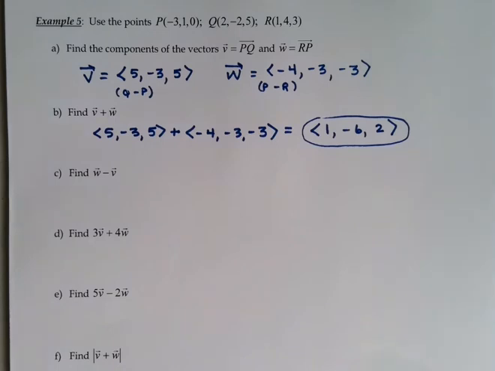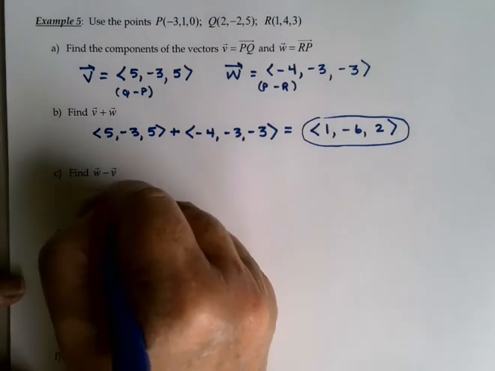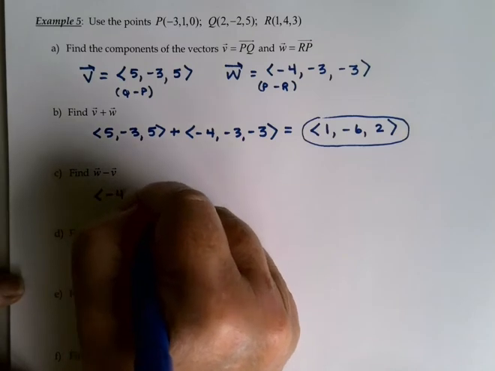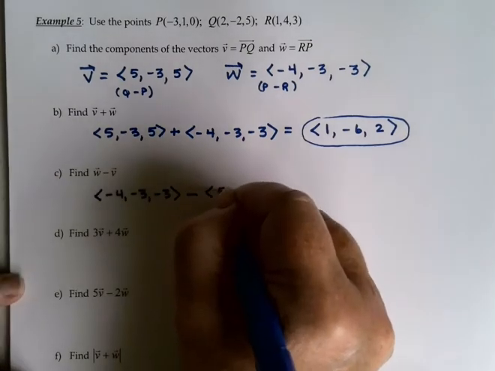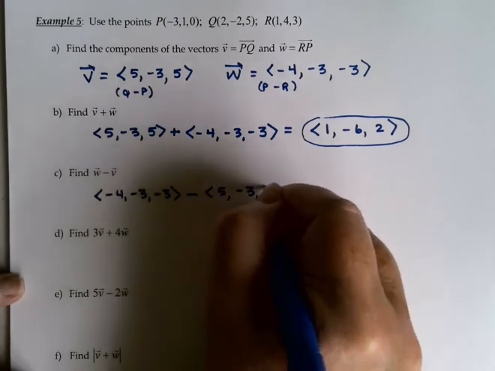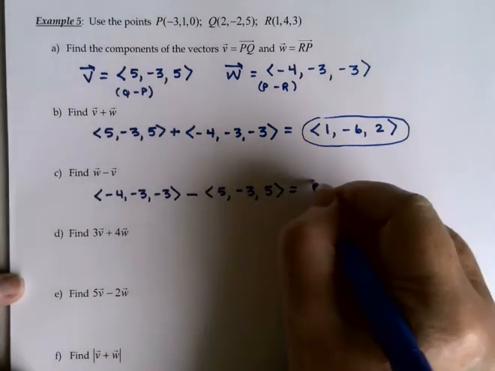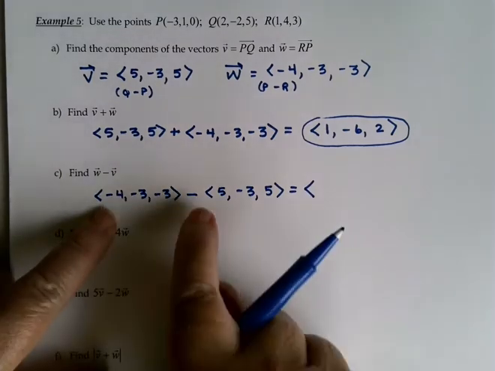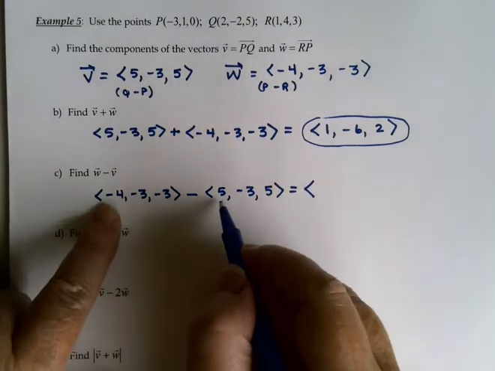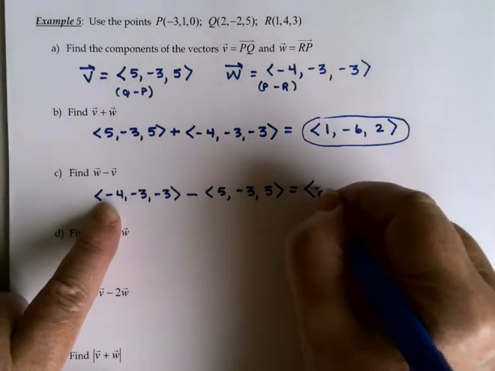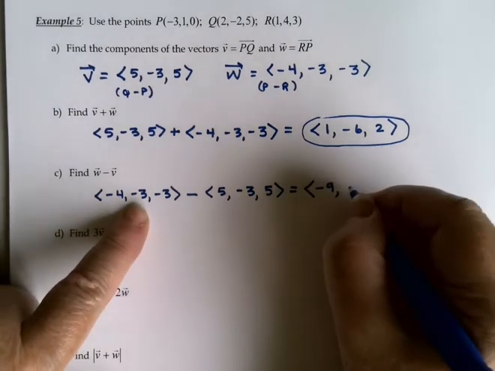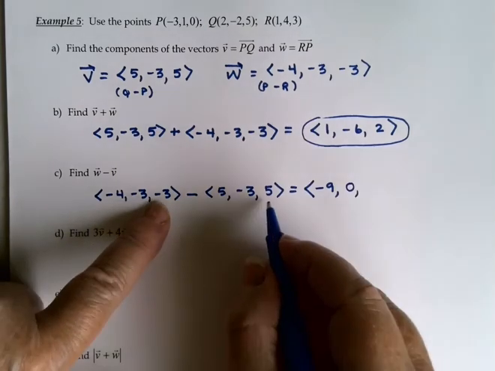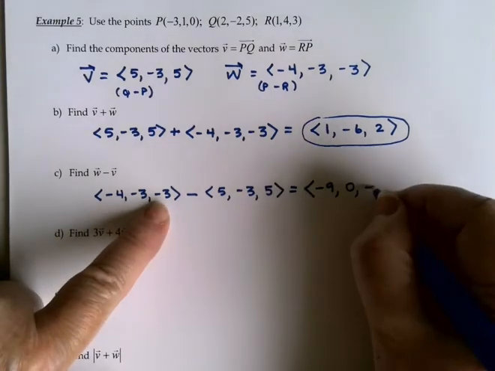In part C, I would like W minus V. So first W, subtract V, and you can go change the signs if you want, or just remember to subtract. Negative 4 minus 5 would give me negative 9. Negative 3 minus negative 3 is 0. And negative 3 minus 5 would be negative 8.